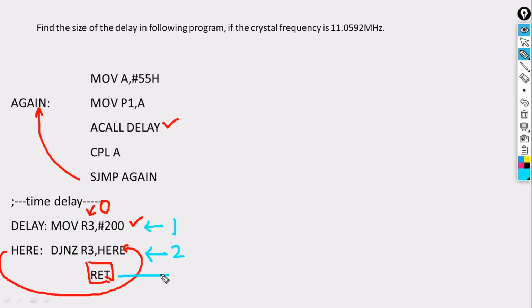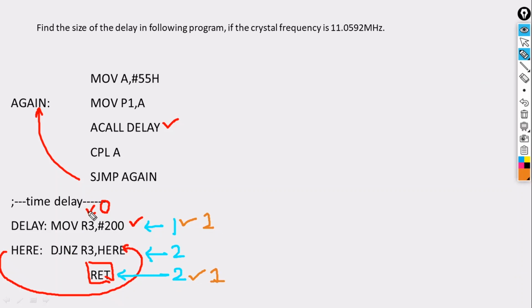And then here we have the return operation, again it is going to take two machine cycles. This move is going to be executed only one time.